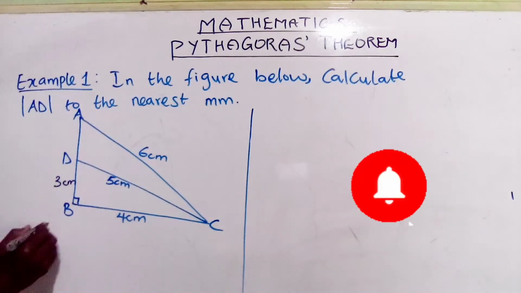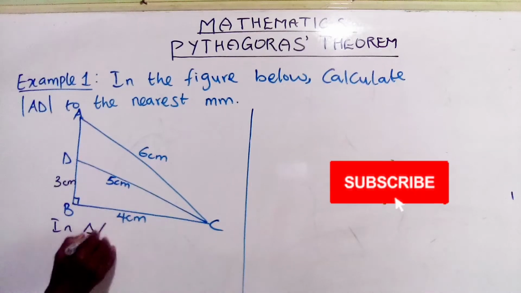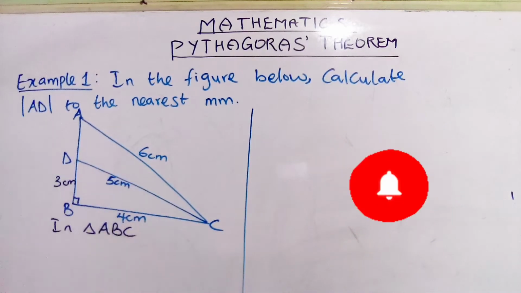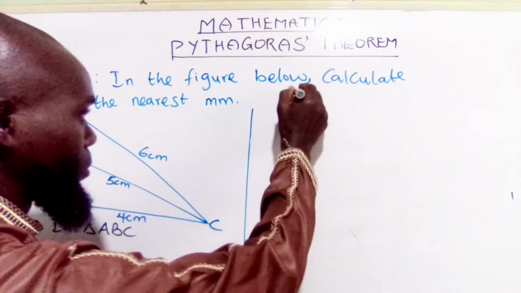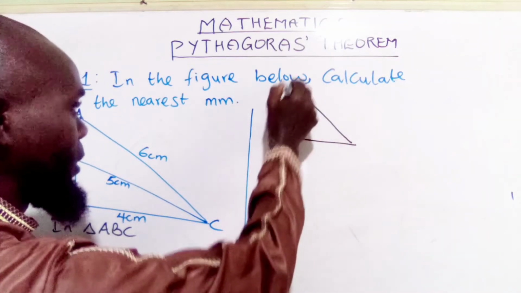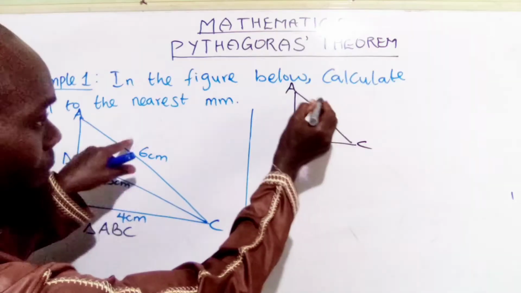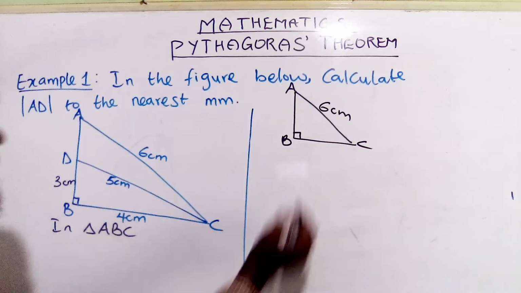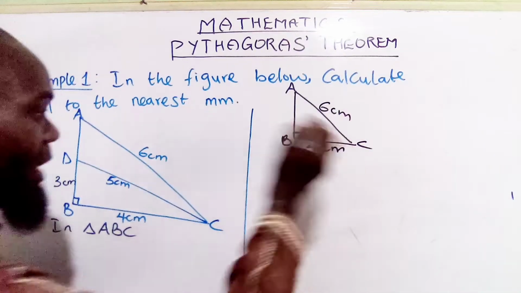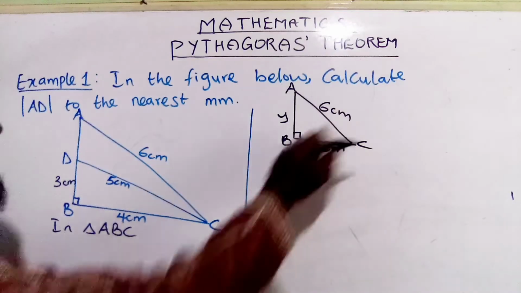Now we take out this triangle, triangle ABC. So this place now is 6 cm, our AC. Then BC is 4 cm. Now let's call this place Y. So this is our hypotenuse side.